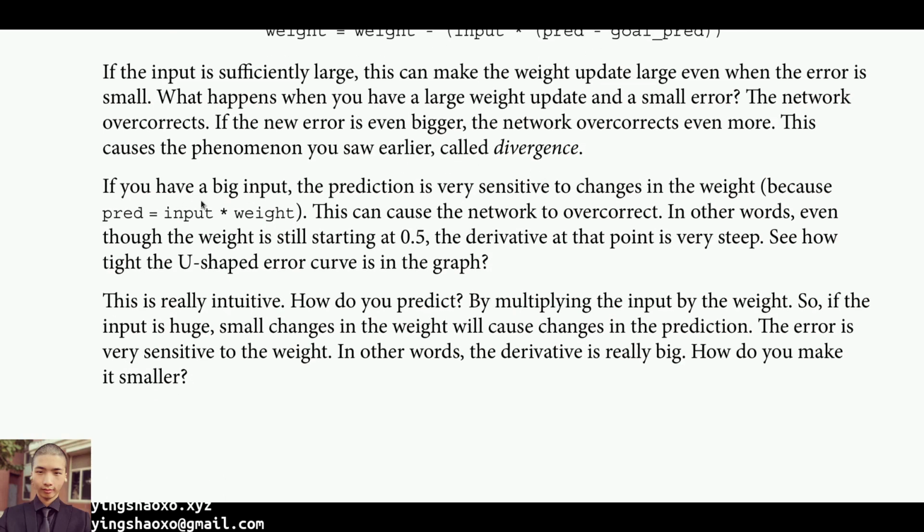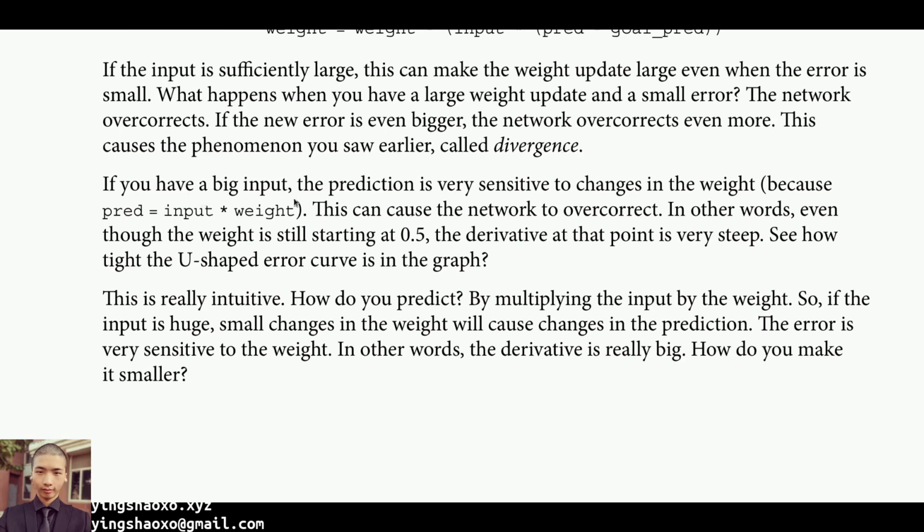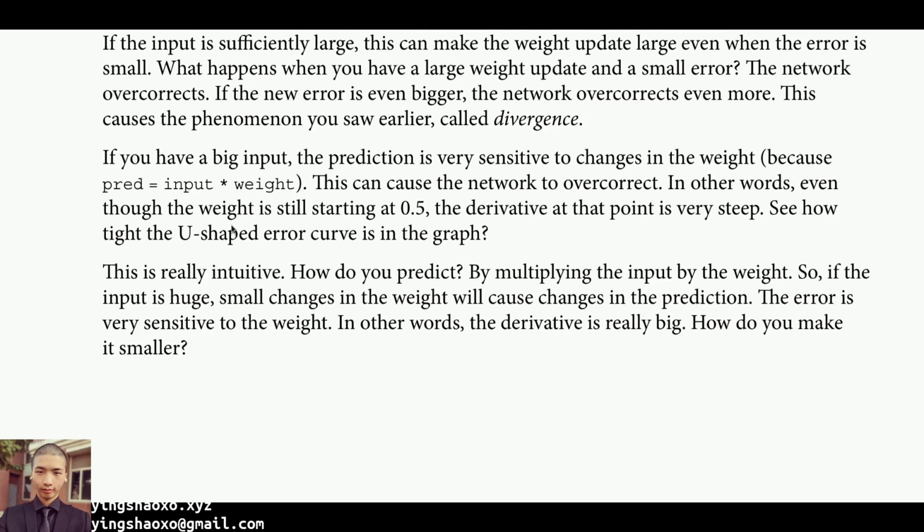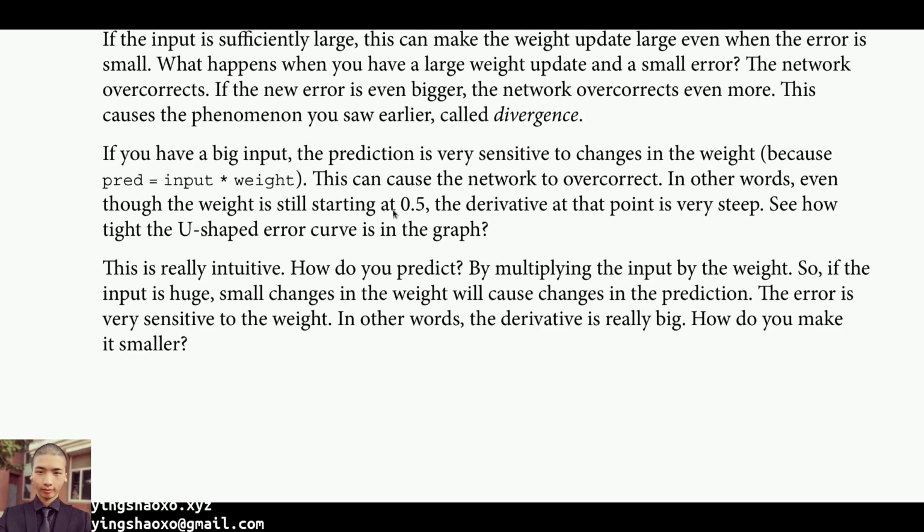If you have a big input, the prediction is very sensitive to change in the weight because the prediction is equal to the input times the weight. This can cause the network to overcorrect. In other words, even though the weight is still starting at 0.5, the derivative at that point is very steep.